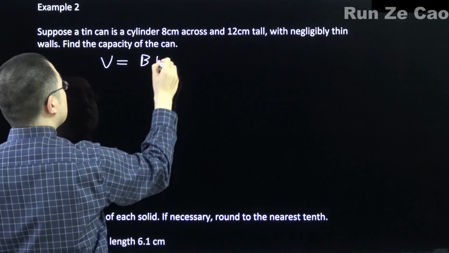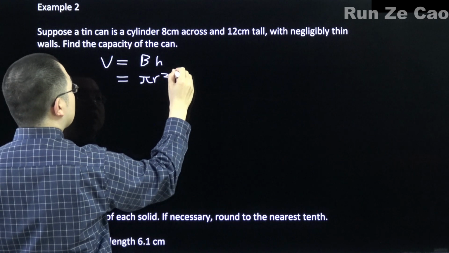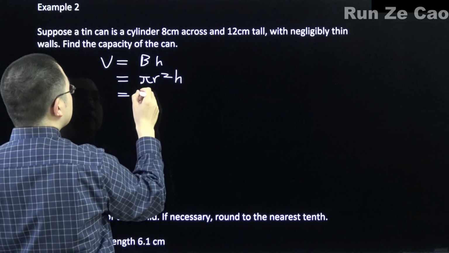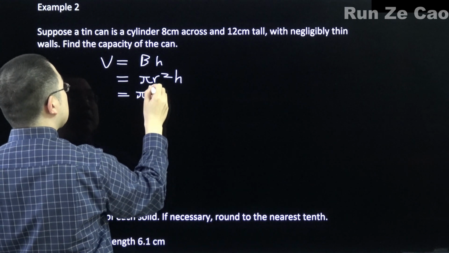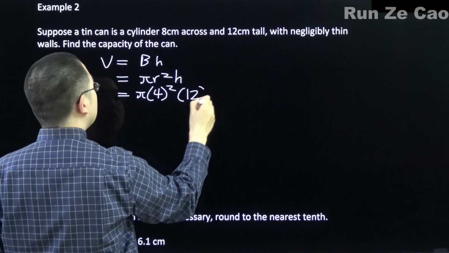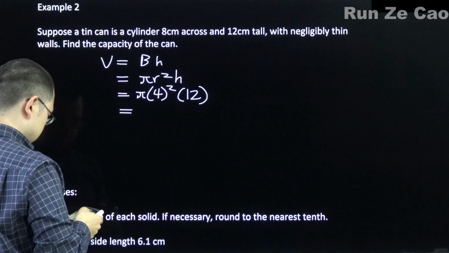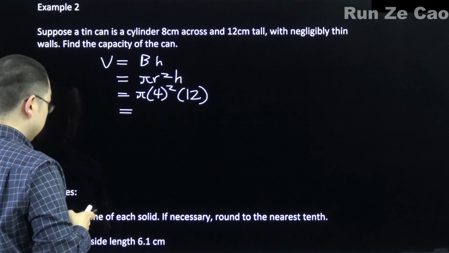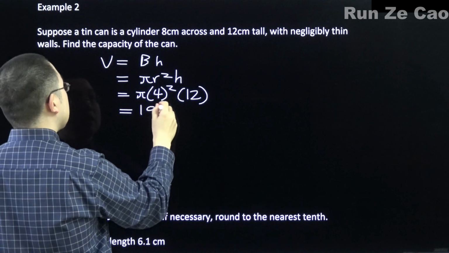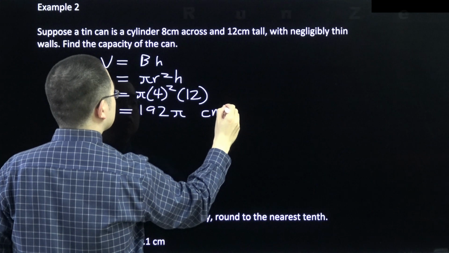Base times height, and that means pi r squared times height, and that's going to be pi times 4 squared times 12. So 16 times 12 equals 192 pi. And this is in centimeters cubed.